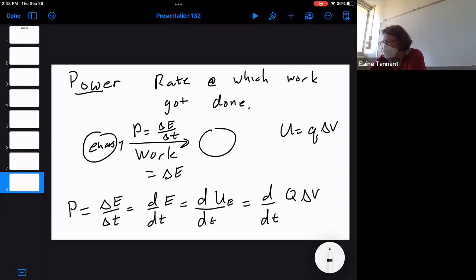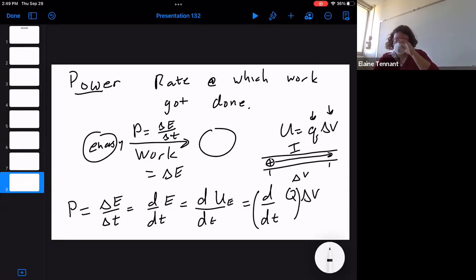Okay, a nice way to look at this when I want to think about current. Before, I was taking a charge and moving it through some potential difference. But now I'm talking about current. I'm taking this current and running it through some potential difference, and that current is made up of these charges.